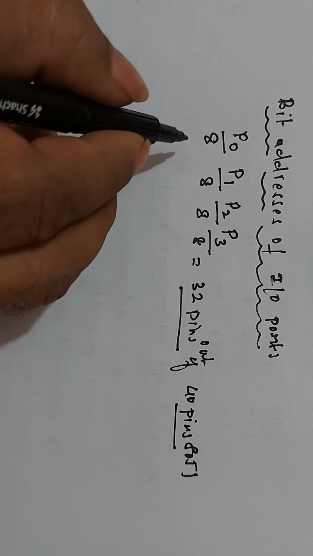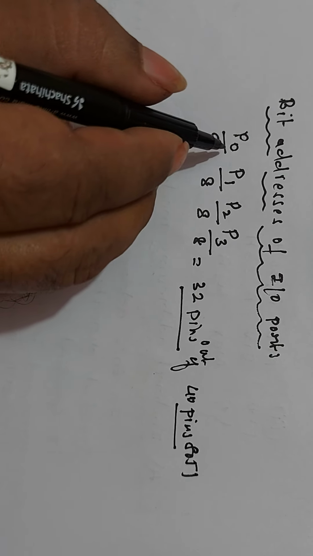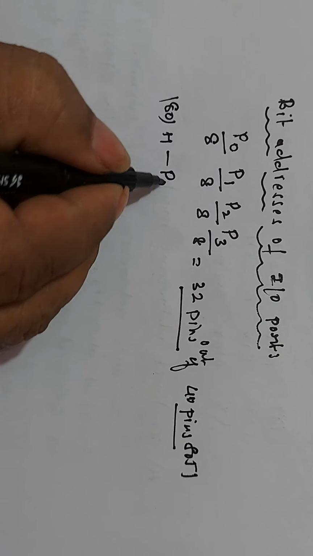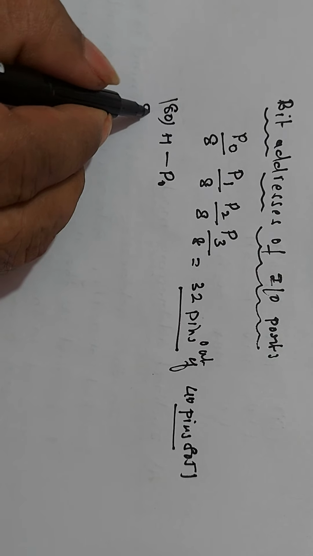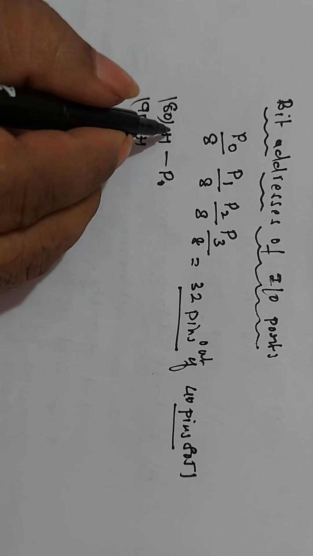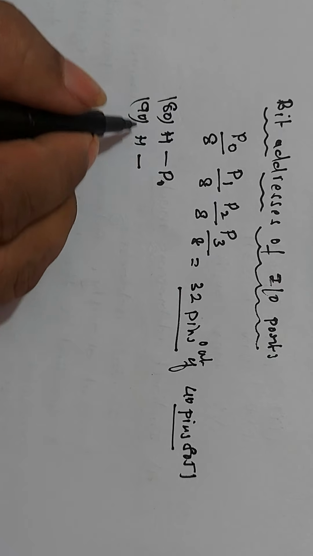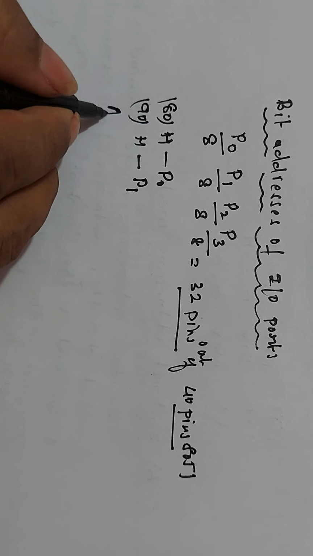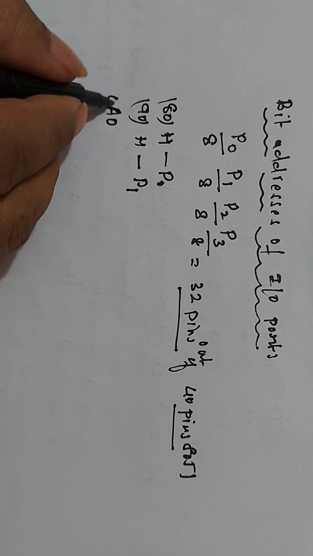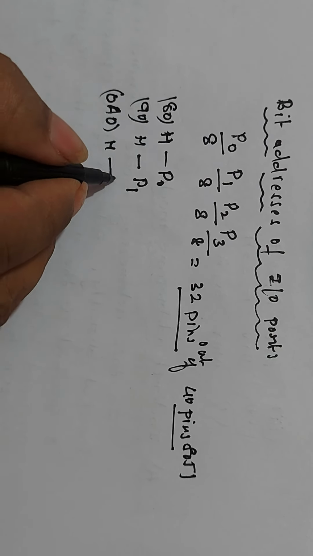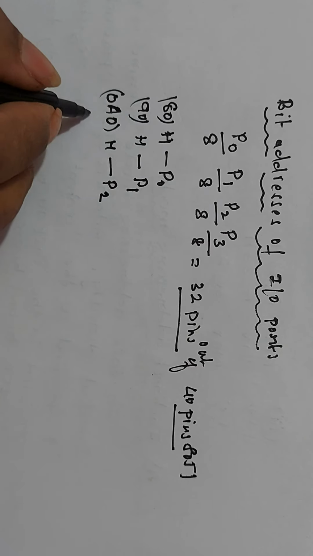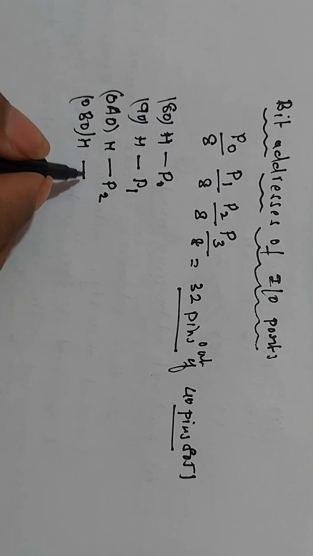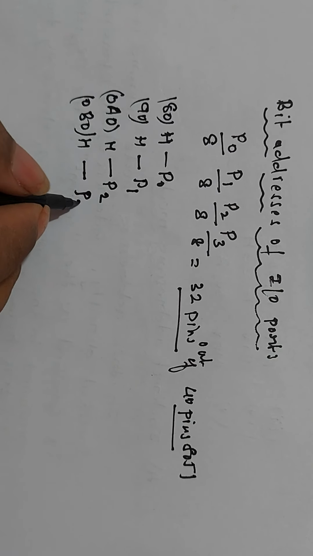Now, we know the addresses of the ports. 80H is the byte address of port 0. Similarly, 90H, H is hexadecimal number, is the byte address of port P1. 0A0H is the byte address of port P2. 0B0H, hexadecimal number, is the byte address of port P3.